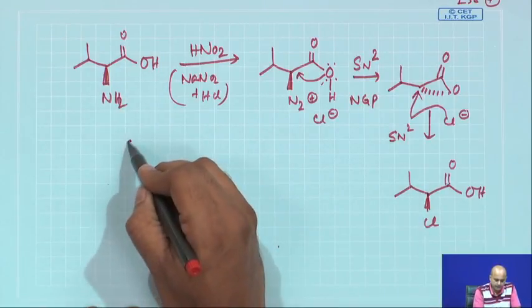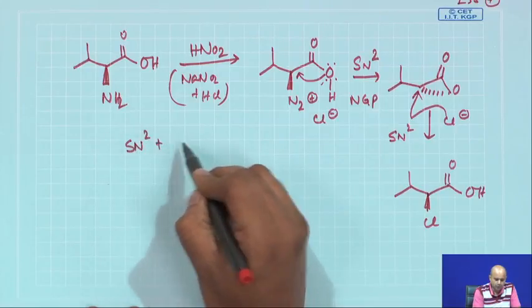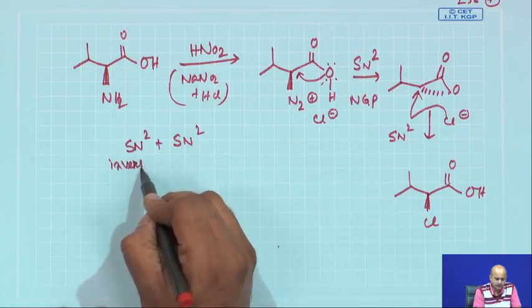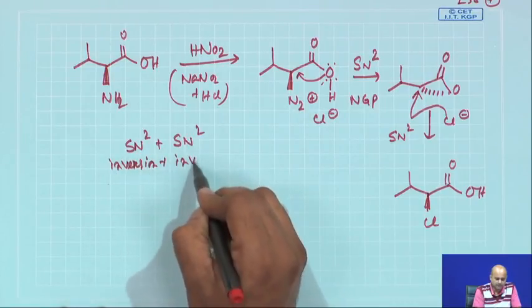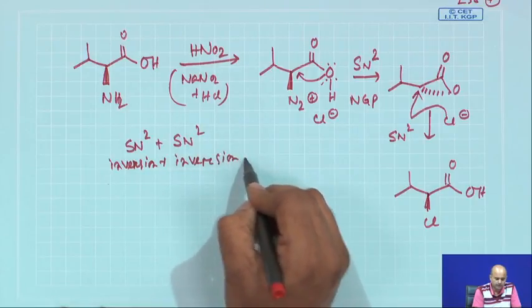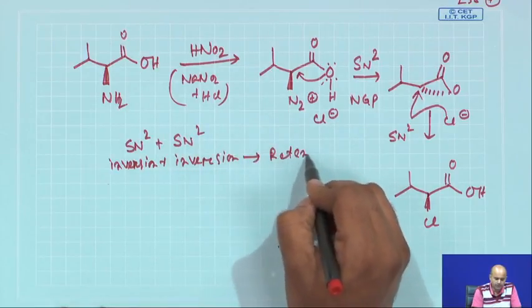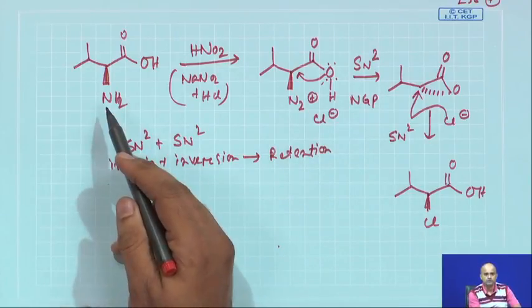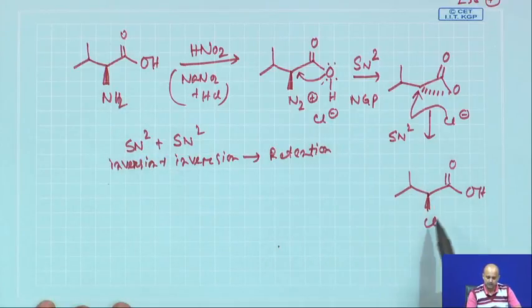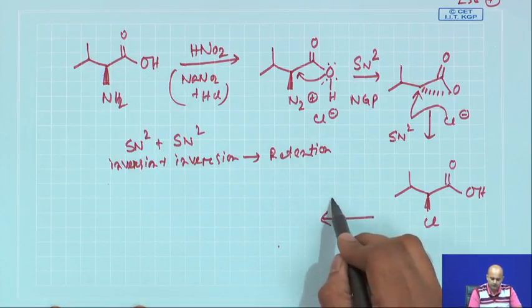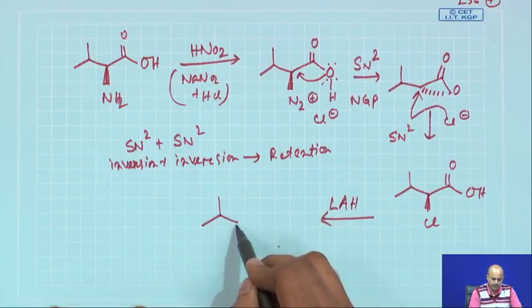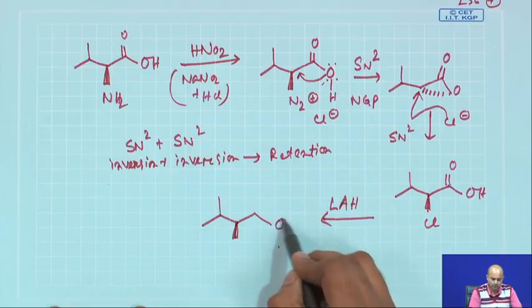So, we say the retention is caused by 2 SN2 reactions, that is, 2 inversions together; inversion plus inversion gives you retention, and this is a very common phenomenon for alpha amino acids. If you do a diazotization and then treat with a nucleophile, you can end up with retention of configuration. Now, if you just reduce this carboxylic acid with lithium aluminum hydride, you will get this CH2OH.